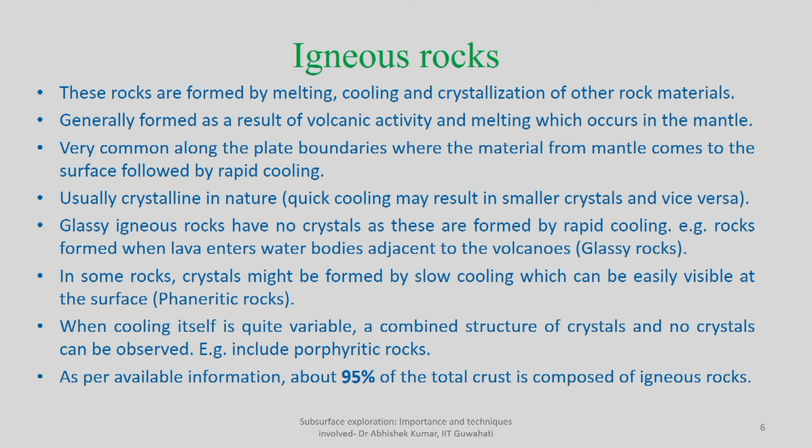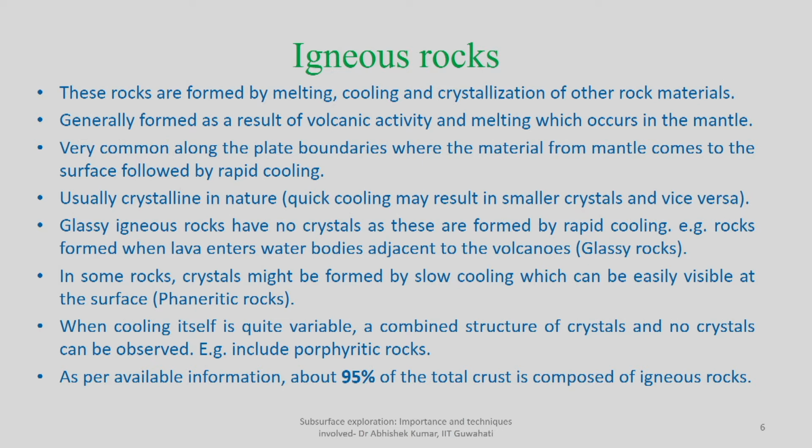Igneous rocks are formed by melting, cooling and crystallization of other rock material. Depending upon the rate at which cooling is happening, the crystals will be coarse or small. That is called igneous rock.